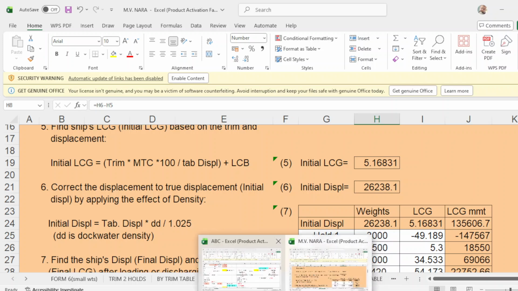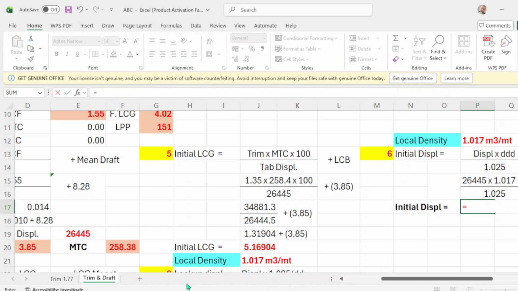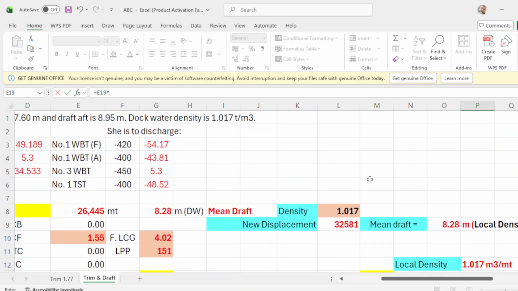To give you the exact computation, put equals. Click your displacement, then times your local density of 1.017.